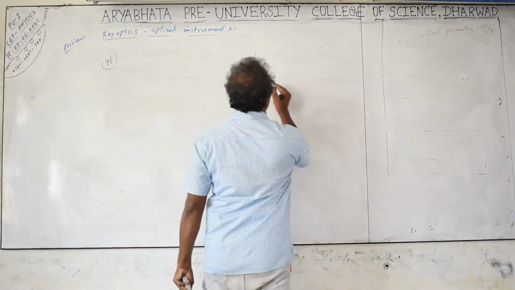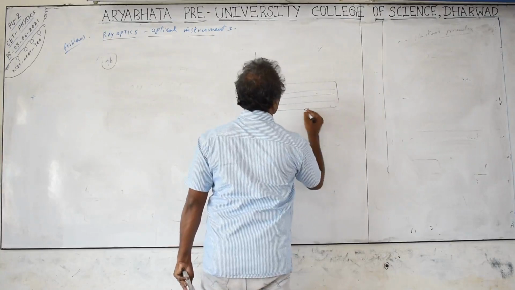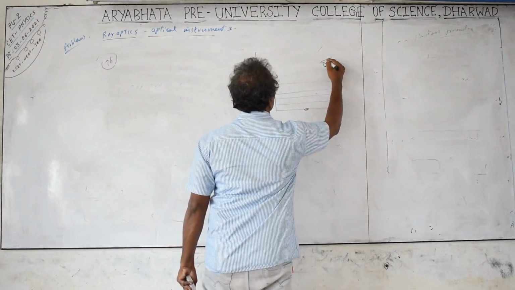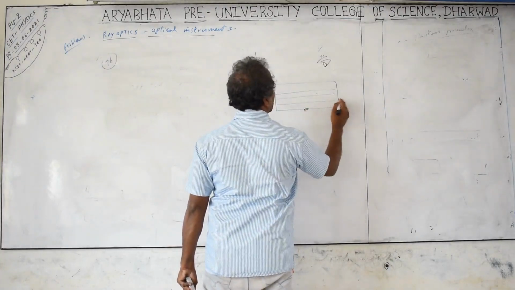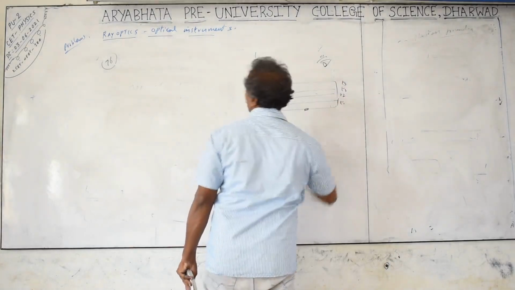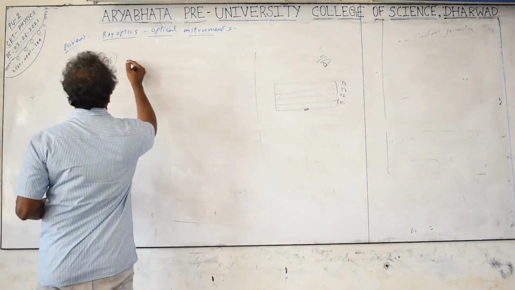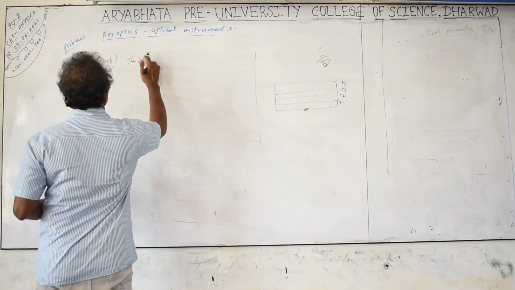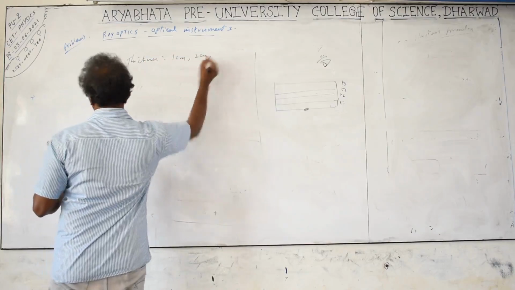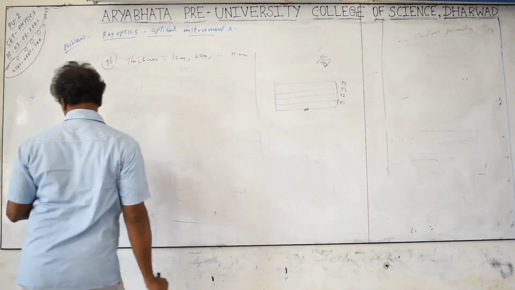You are taking multiple transparent plates. Here is the object you are seeing from the air, the rarer medium. Thicknesses T1, T2, T3 and so on are the real depths: 1 centimeter, 2 centimeters, and so on, up to n centimeters.